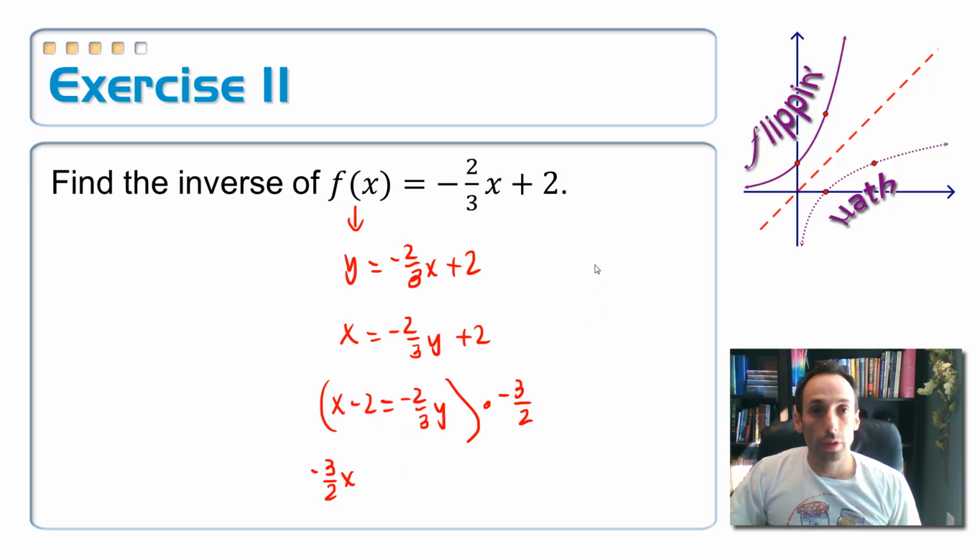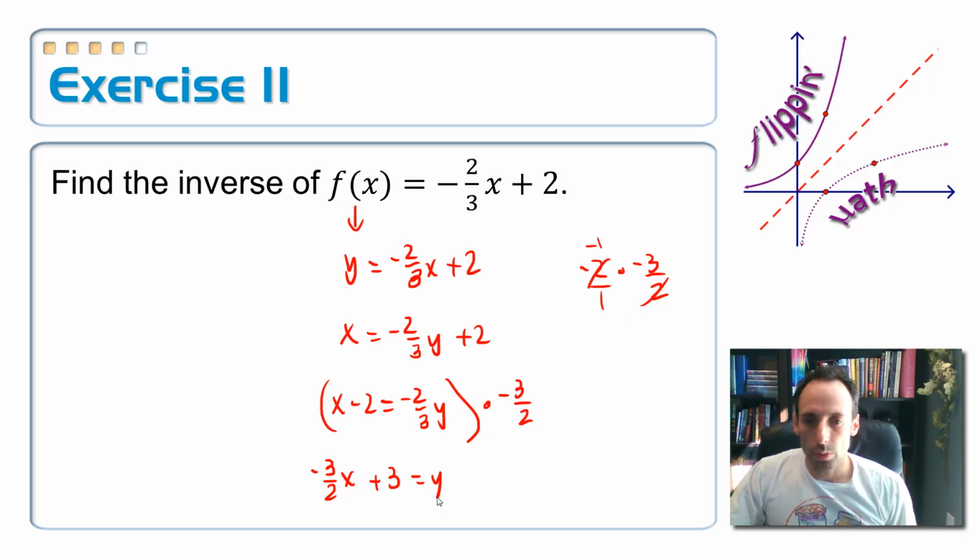Okay, so I have negative 3/2 x, and I'm going to do the little arithmetic over here: a negative 2 times negative 3/2 over 1. The 2's will cancel, and I have a negative 1 times negative 3, which is plus 3, equal to y. Maybe you don't like to see it like that, so let's write that as y is equal to negative 3/2 x plus 3.